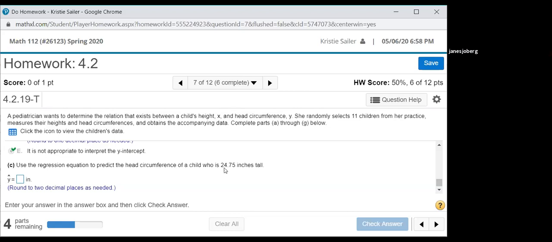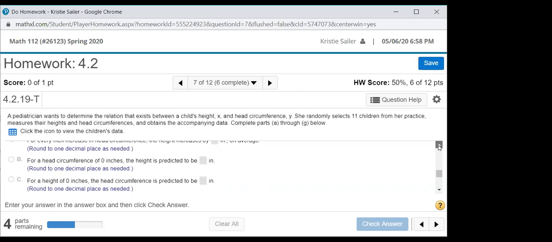Use the regression equation from part A to predict the head circumference. So you predict the y when x is 24.75. So you take your number times whatever they gave you for x, and add your y-intercept.